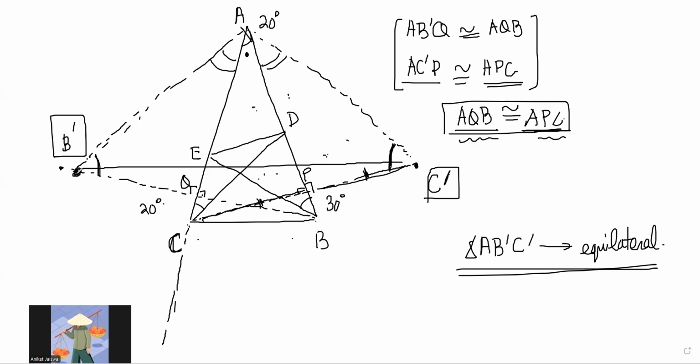So it is isosceles. We know already that this side is same as this side and all. We can also say that the base here is same in both.